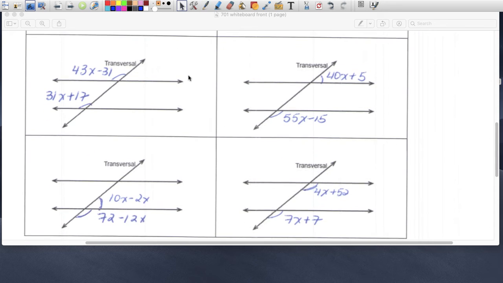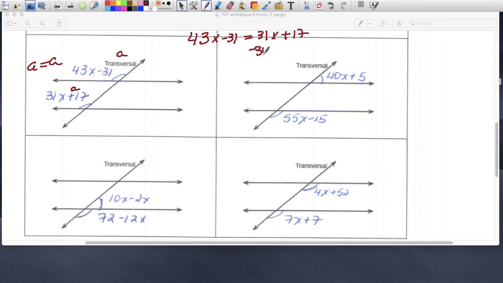Next two. These are corresponding. They're both in the same position. Top left corner, top left corner. So this is A and this is A, the same, right? So we can do A equals A, right? So we're going to get 43x minus 31 equals 31x plus 17.